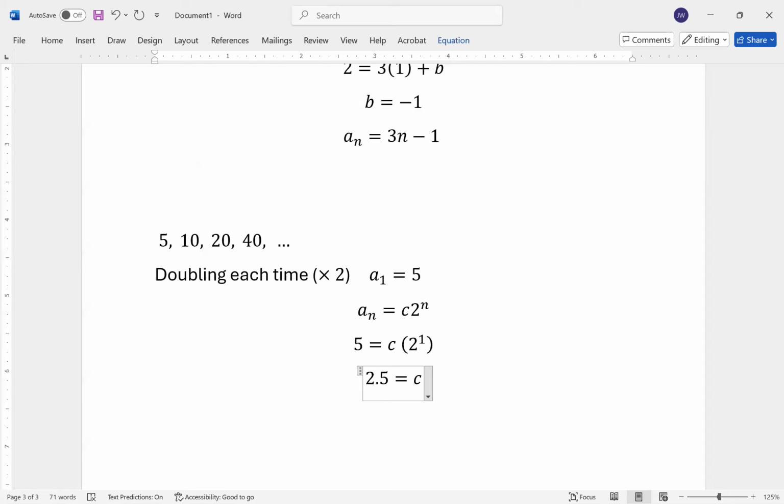Now I know what my sequence looks like. The nth term in my sequence is equal to 2.5 times 2 to the nth power.